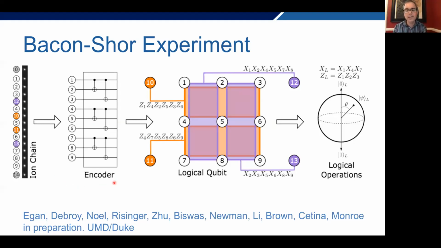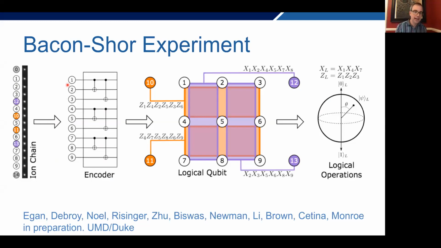We take advantage of the fact that the Bacon-Shor code, the 9-qubit code, has a really easy fault-tolerant preparation. Typically, in a quantum error correcting code, to do fault-tolerant prep, you need to do some gates, then you need to do some measurements to check things are working. Here, we can actually do the gates directly.